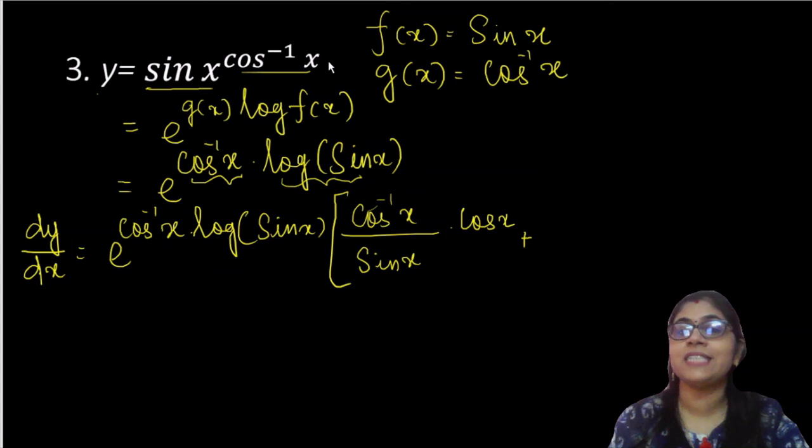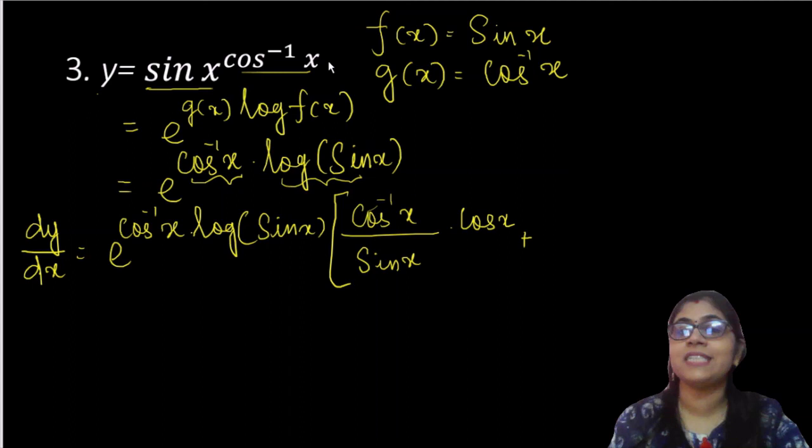So what will be our value? This is y, or instead of y we can write sin x to the power cos inverse x into, here cos x by sin x is cot x.